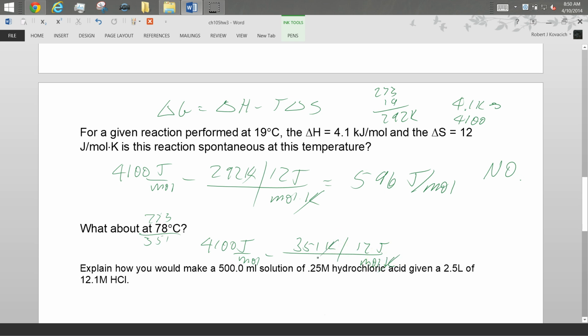And so let's just change that to 351. And I get negative 112 joules per mole. So now it's a yes. Now that the temp's been raised up, it is spontaneous.